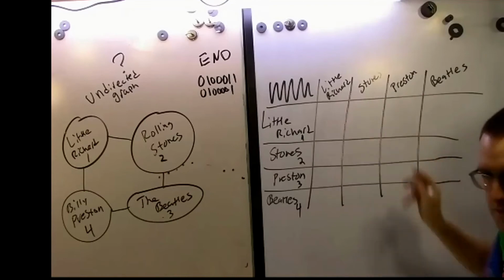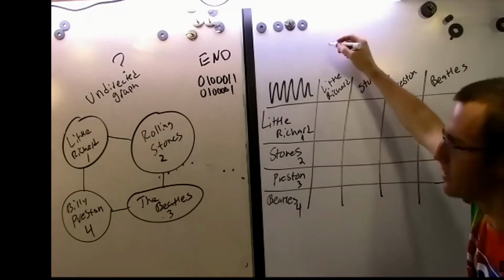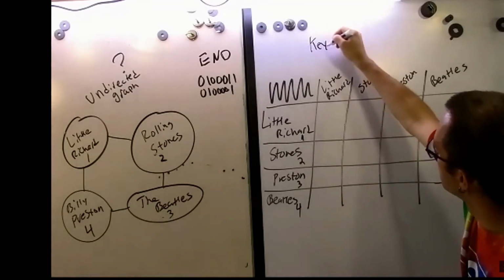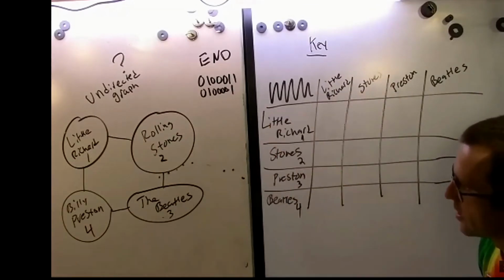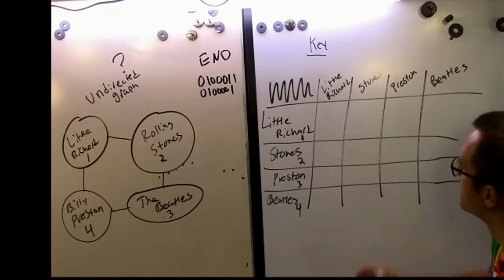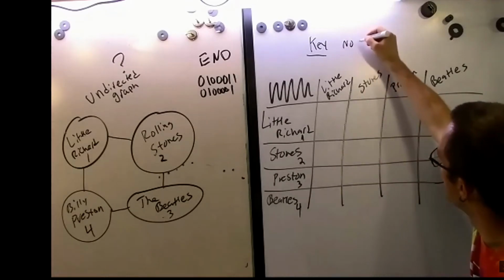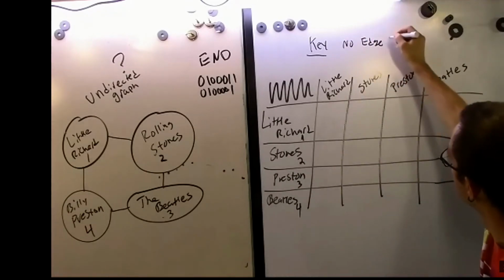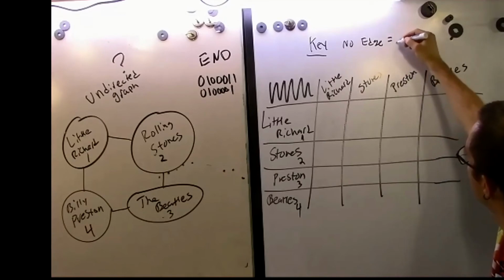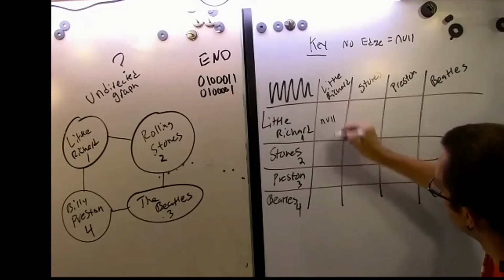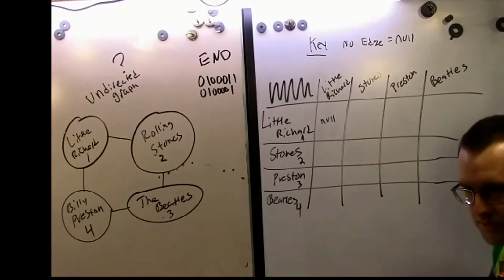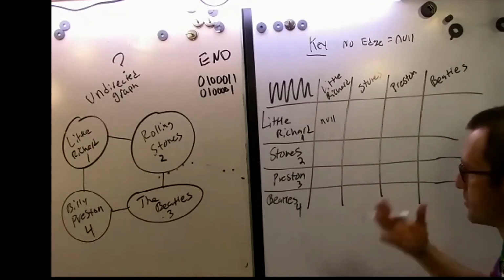So an encoding scheme would say, we'd make a little key for what the cell values refer to. A common way to do this in a database would be, if there's no edge, we would encode that with a null value. So we could say null, which is the word suggesting nothing there, no object.